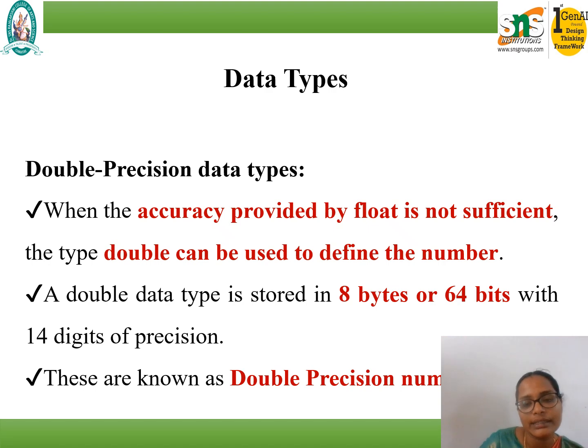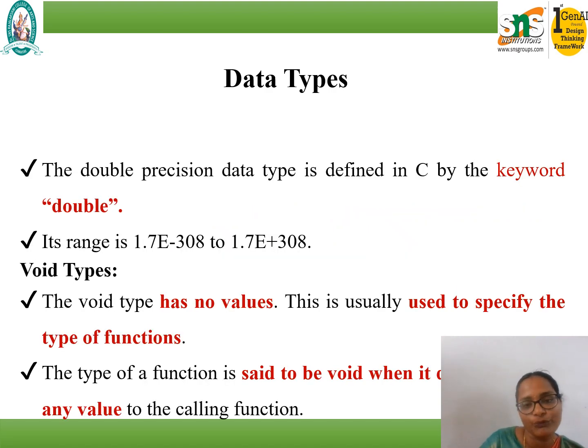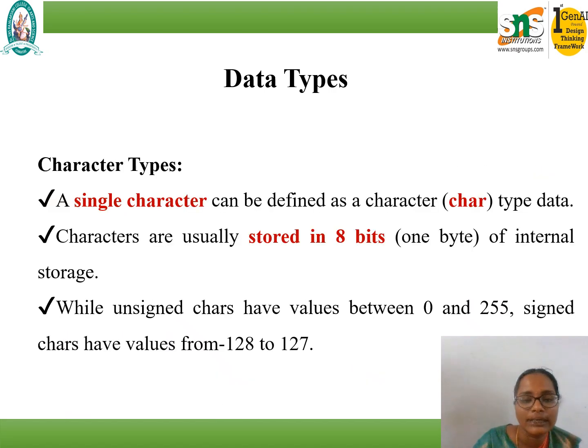For double, it takes 8 bytes or 64 bits of information. For double precision, we use the keyword double. And void specifies no value. So the function will not return any value. In that place only we use the void data type.